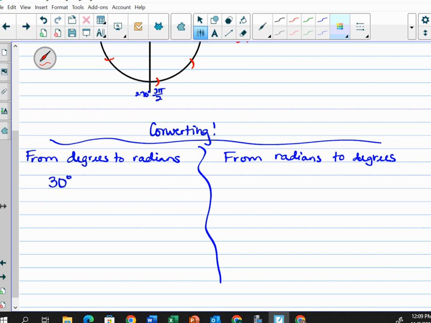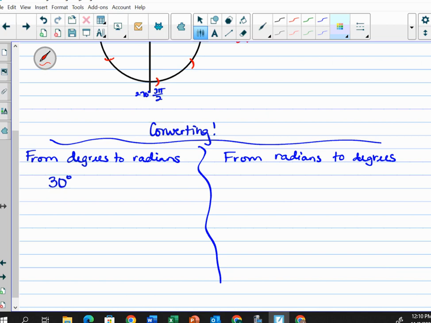So with degrees and radians, 180 degrees is the same as what radian? Pi. So if I write 180 over pi or pi over 180, that's just a fancy way of saying 1. They mean the same thing. They're at the same spot on the circle. The angle is the same size. So we use that to convert.